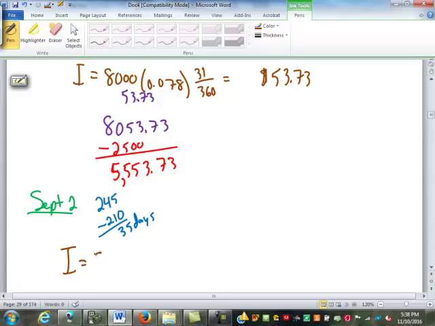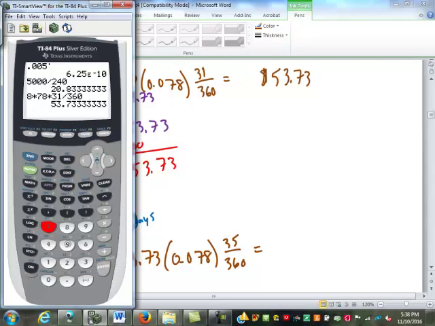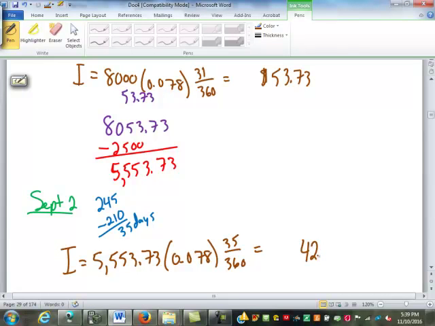So our interest is our balance of $5,553.73 times 0.078 times 35 over 360. $42.12 in interest.